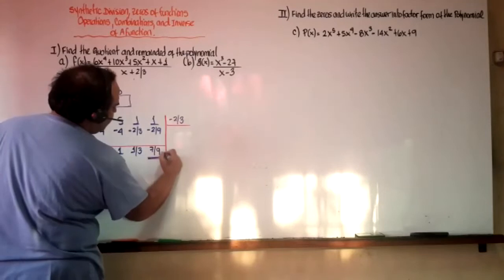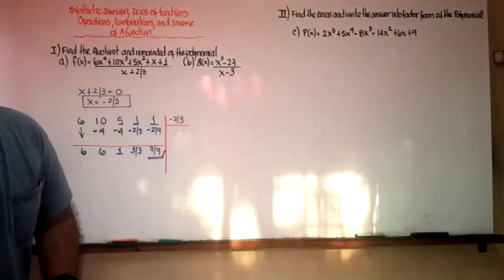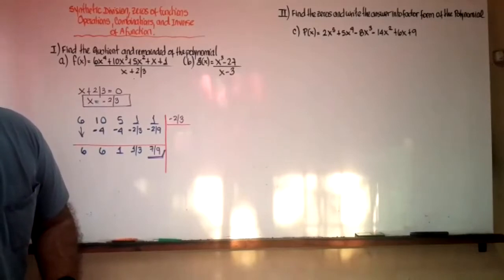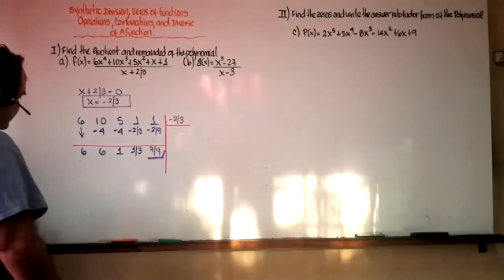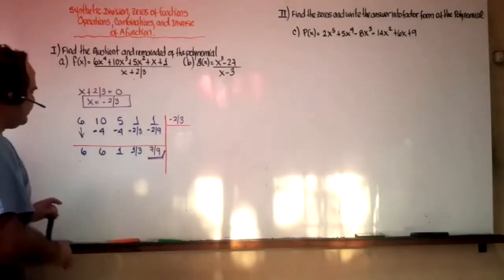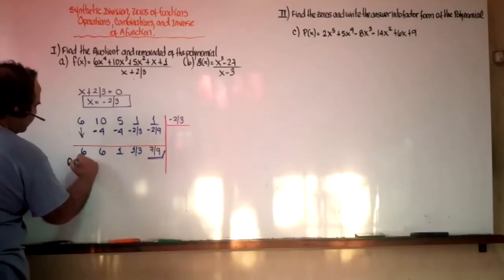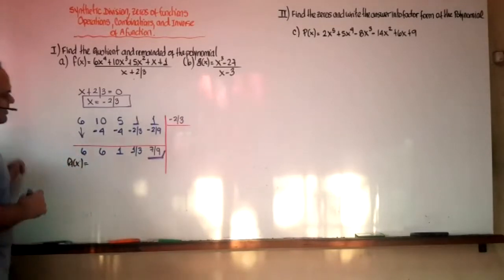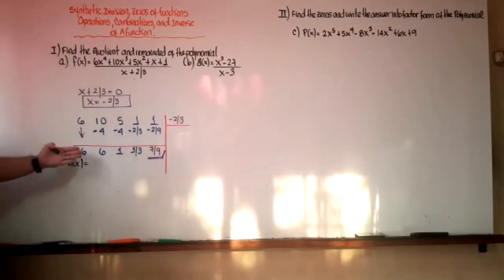Remember, always in synthetic division, the last number will be the remainder. So if you want to establish the quotient, I mean q(x), remember we're starting from x^3, using these numbers and subtracting 1 degree in the power.